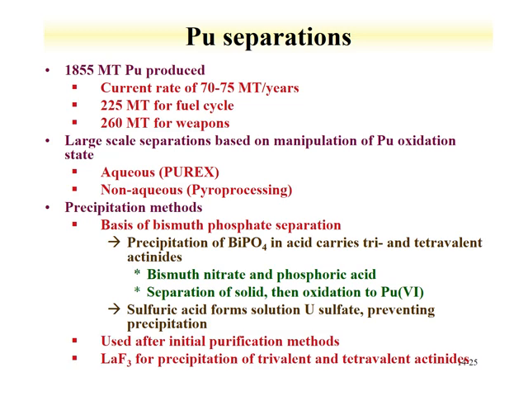The solids are then separated. If you oxidize this, the plutonium will oxidize from the 4 to the 6, become solubilized with the other trivalent actinides remaining in the solids. This can be used as purification methods, and things like lanthanum fluoride precipitation of trivalent and tetravalent actinides can be used to further purify the plutonium-6 in solution.